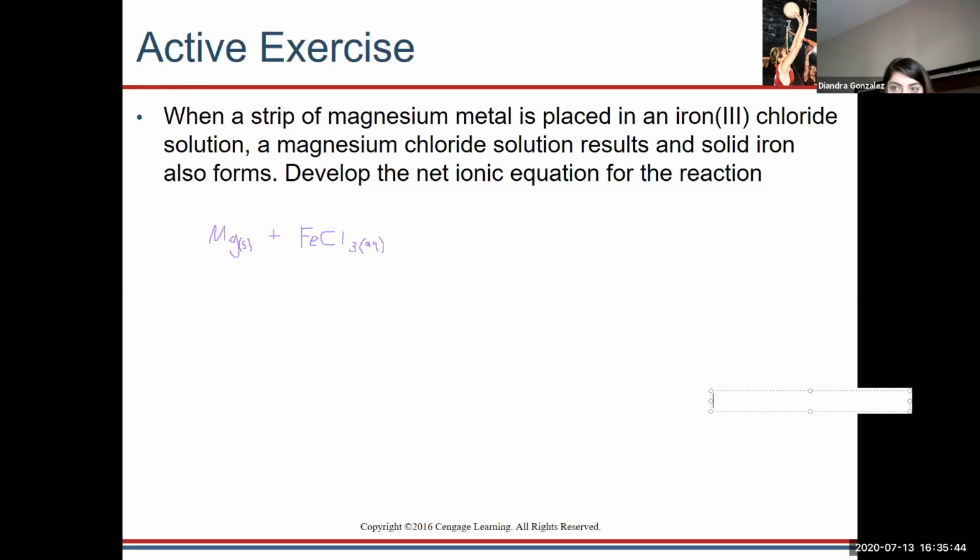And then your yield arrow. And then you would do MgCl2, and that one would be aqueous. And then plus Fe, and that's a solid.